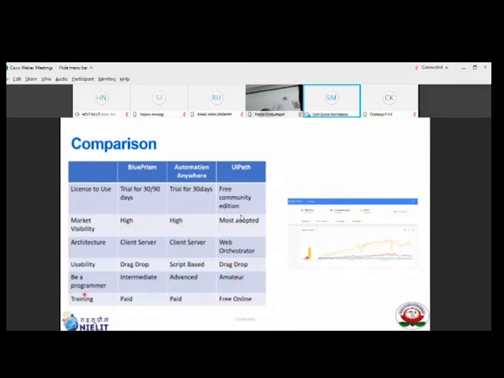And finally, if you want to get trained on these three market leaders, Blue Prism and Automation Anywhere offer paid trainings on their website, or you have to take courses from YouTubers like Edureka or Intellipaat or people like them.